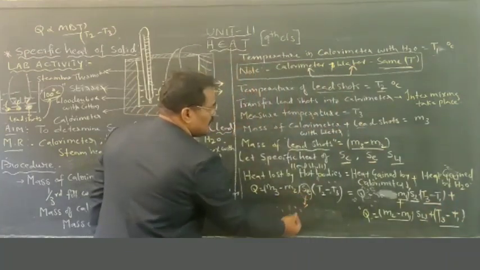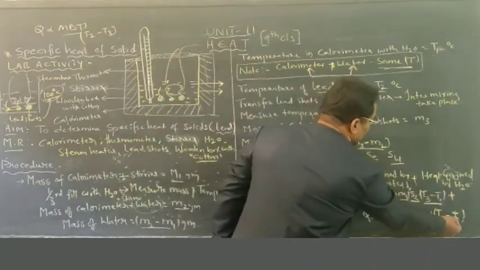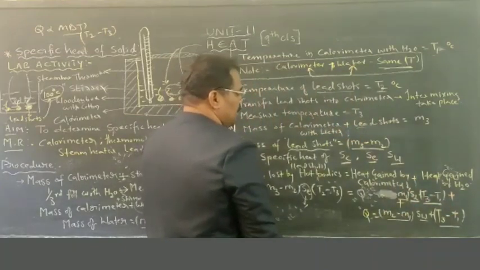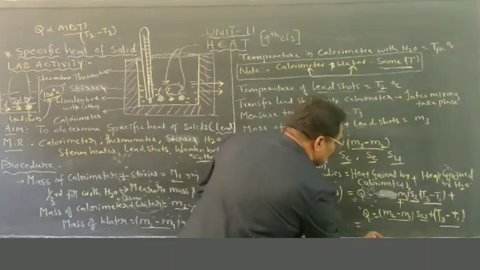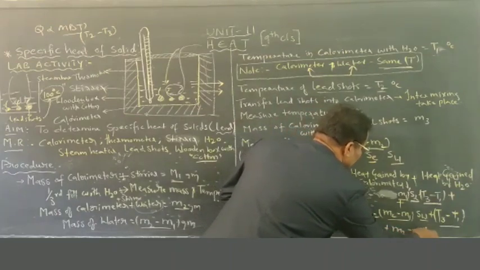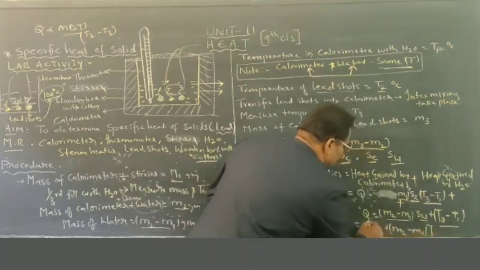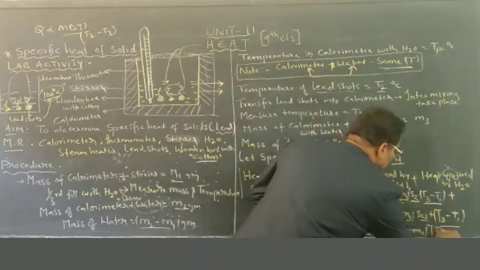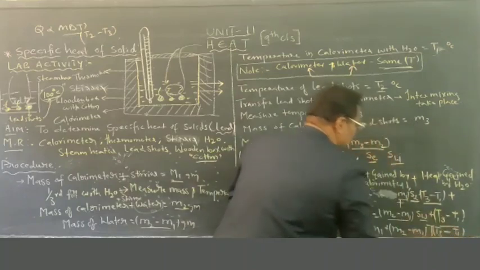From this, I can take T3 minus T1 common. If I take it common, I'll get M1 plus M2 minus M1, whole bracket, into T3 minus T1.